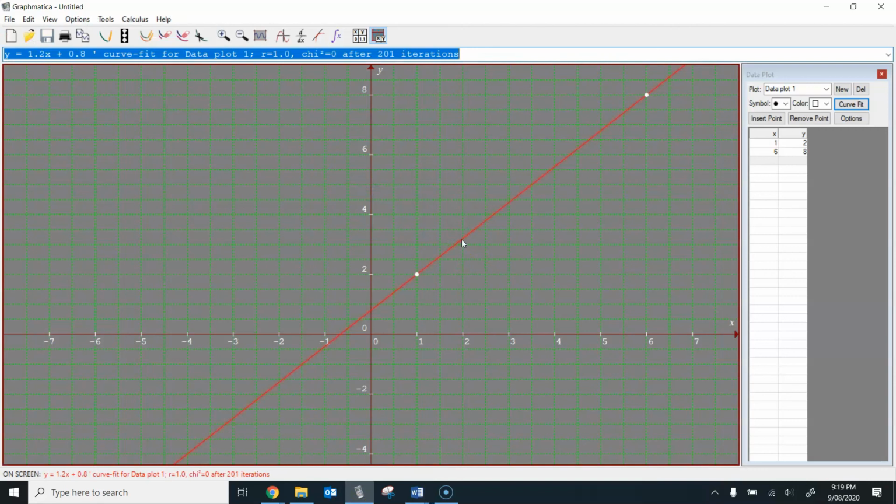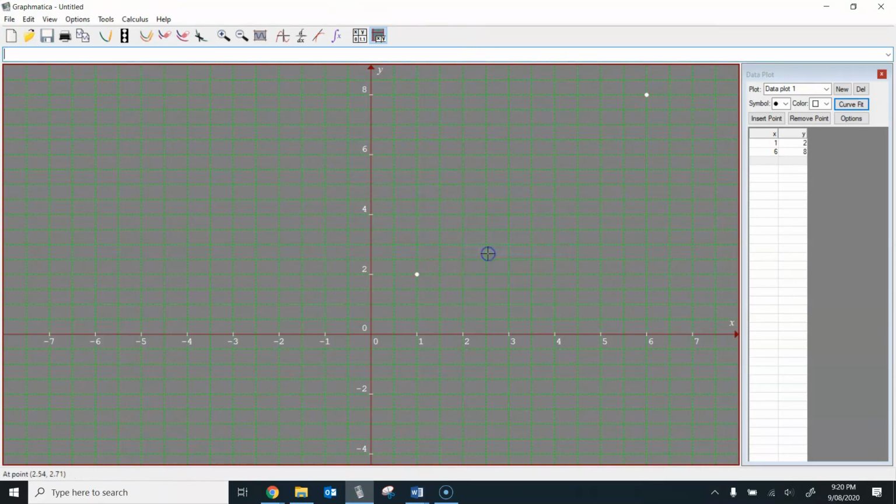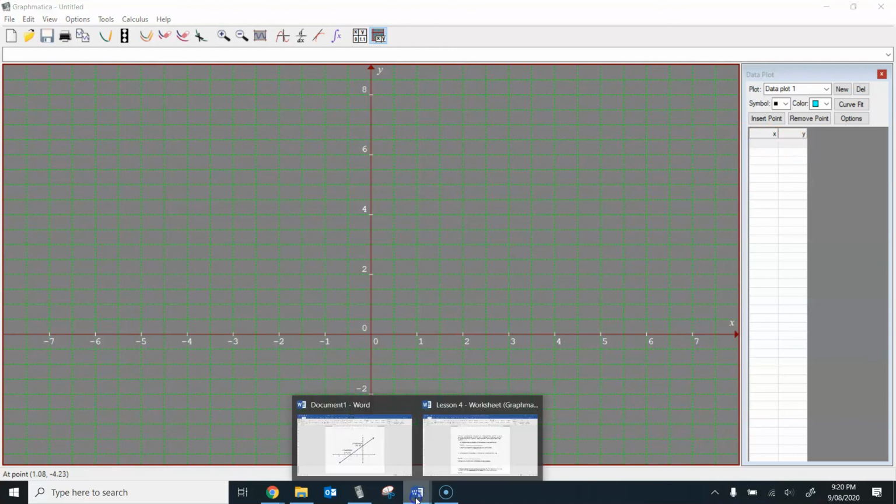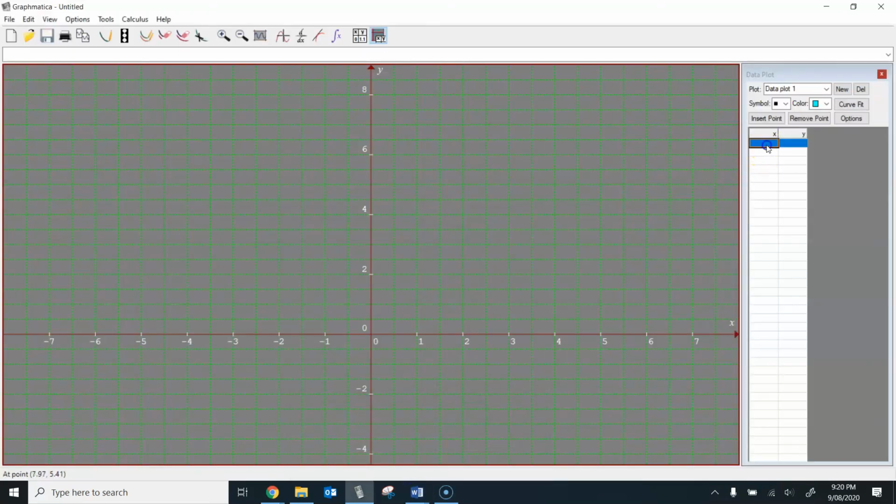So we're going to delete this. Right-click, delete. I'm going to delete these points, just highlight and delete. Okay, so I think I said it was 0, 4. Yep, 0, 4. So we have to have that point. I didn't give you another point, so you can pick any point you like. I'm going to pick minus 1, 3.